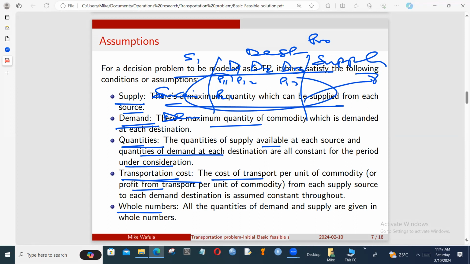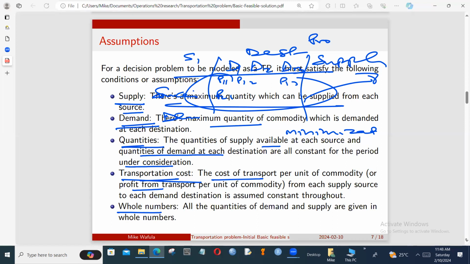We shall also see how to convert a maximization problem into a minimization one, for the major reason that we apply the techniques that we already have. Because the techniques we have assume that we are dealing with a minimization problem. We do not have techniques for just doing maximization.